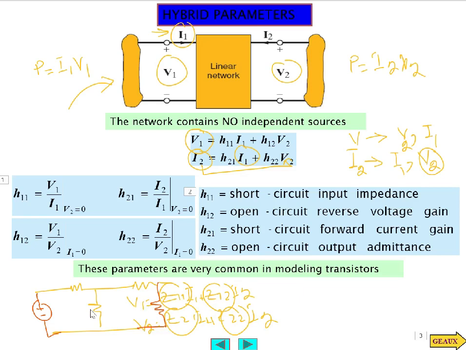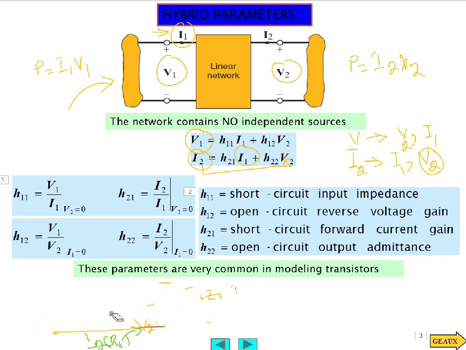V1 was replaced with this source, and V2 was replaced with this current in this resistance R out multiplied by I2. So that is the method of solving this circuit so far. But here, let me erase these things because they are not needed.